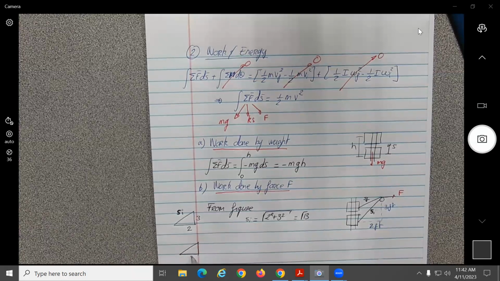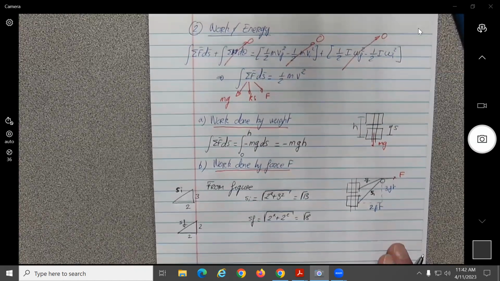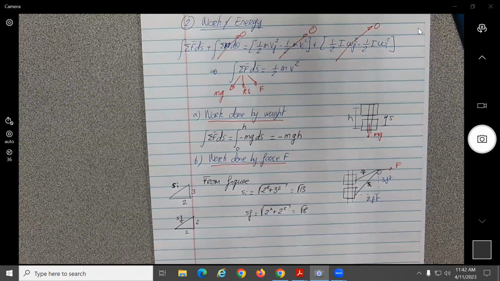Is that correct? So S final should be the square root of 8.